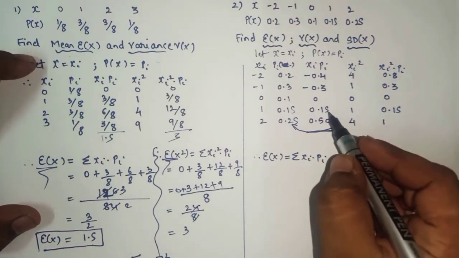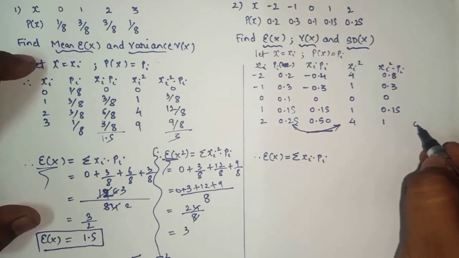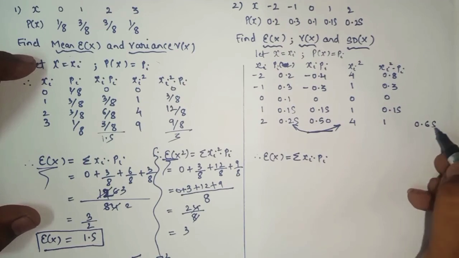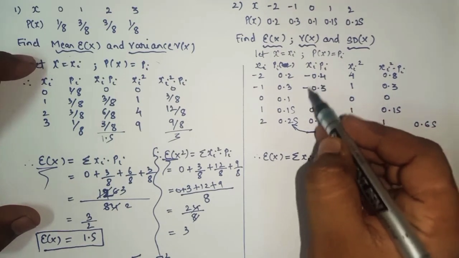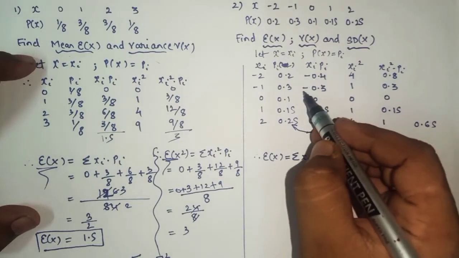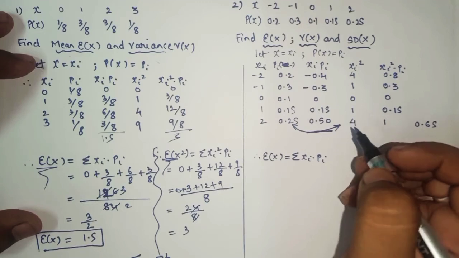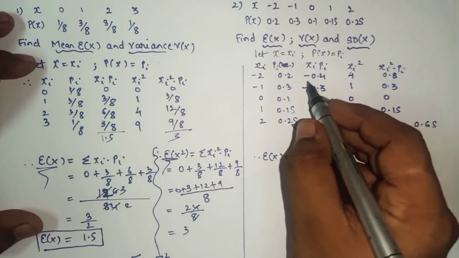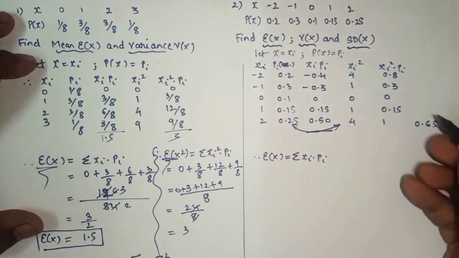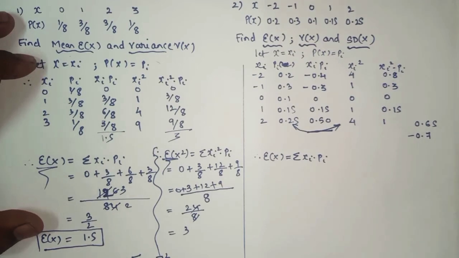So when you add these two positive numbers, you will get 0.65. When you solve these two numbers, minus 0.4 and minus 0.3, you will get minus 0.7.